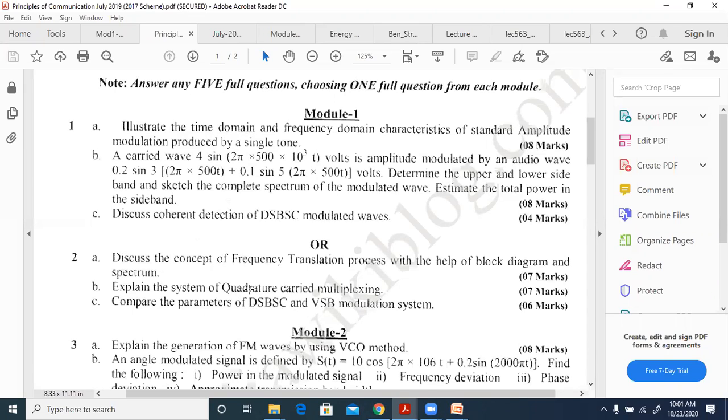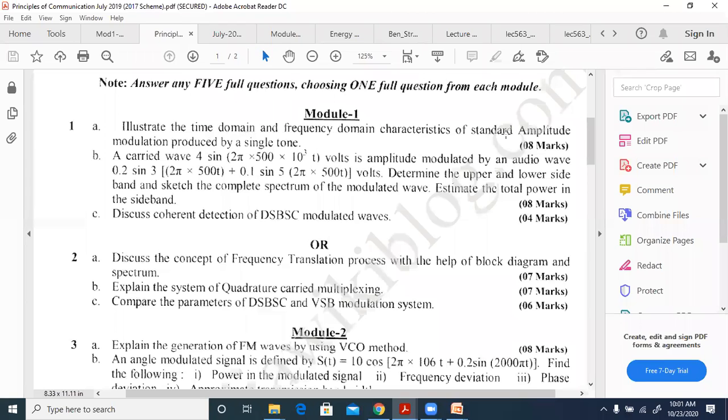So DSB-SC will have both the side bands. VSB will have only one of the side bands, and the other side band is only partial. Then what are the applications of DSB-SC? What are the applications of VSB? Then all the properties we can try to explain with respect to DSB-SC and VSB.